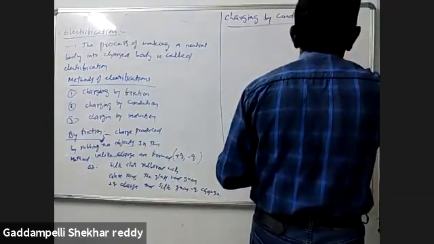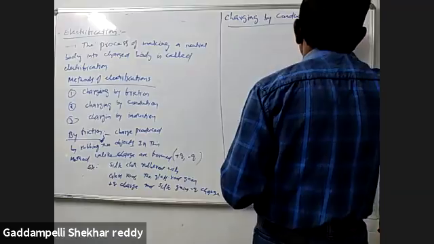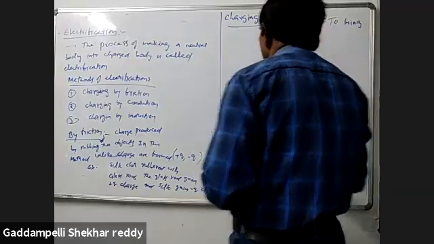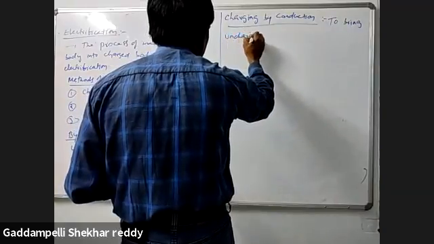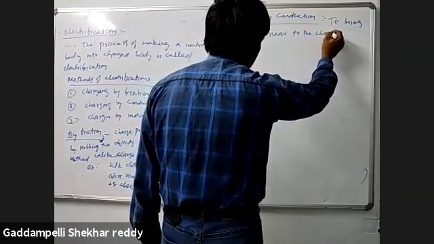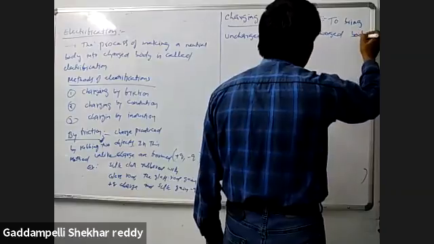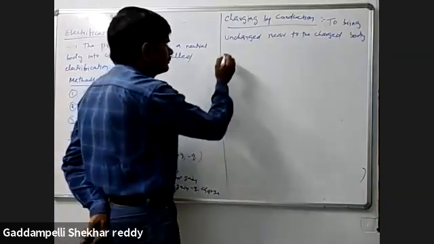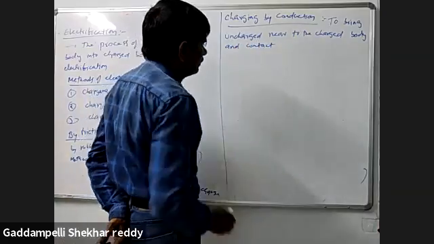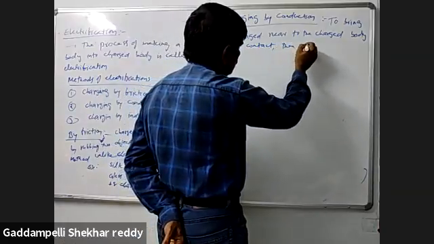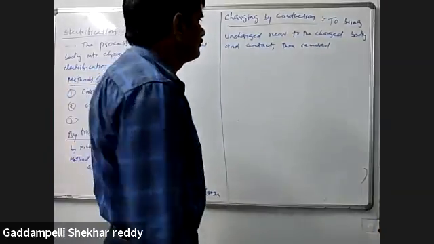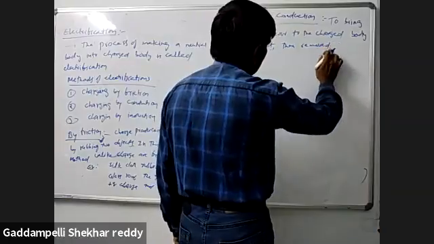Charging by conduction method we can define as bringing an uncharged body near a charged body, making contact, and then removing it.